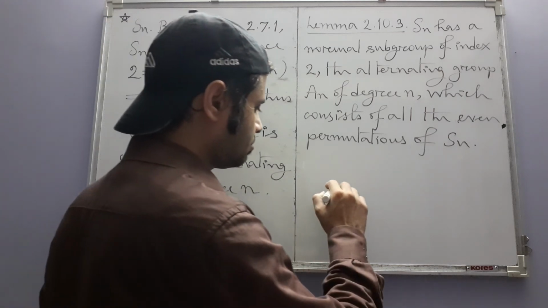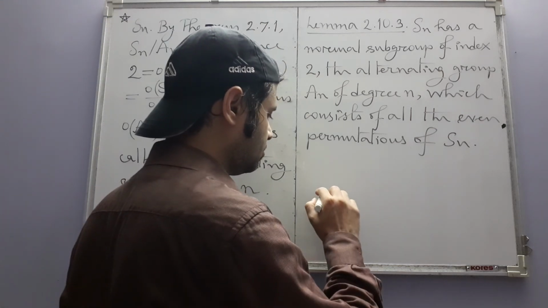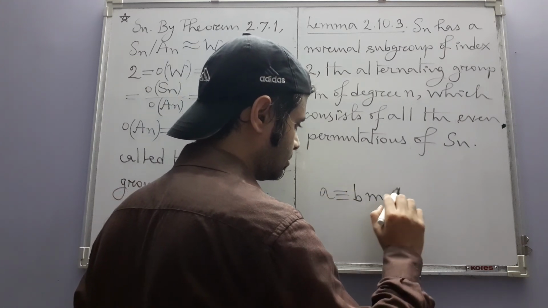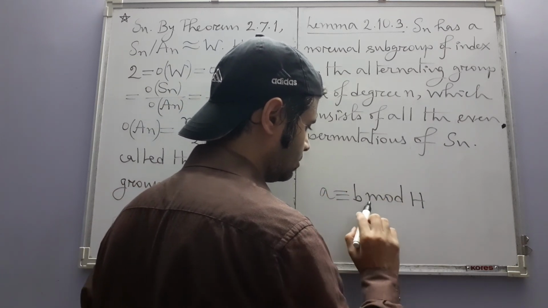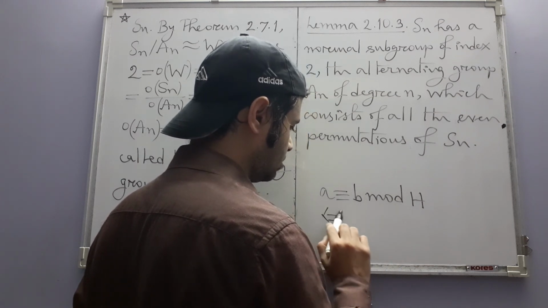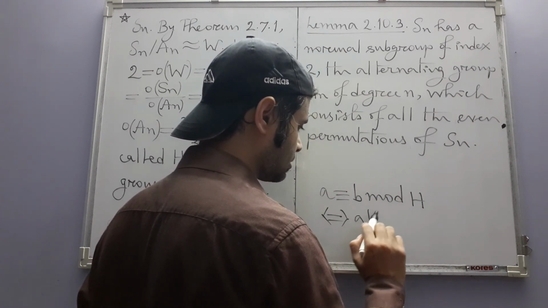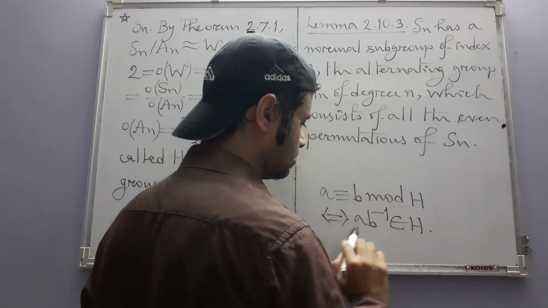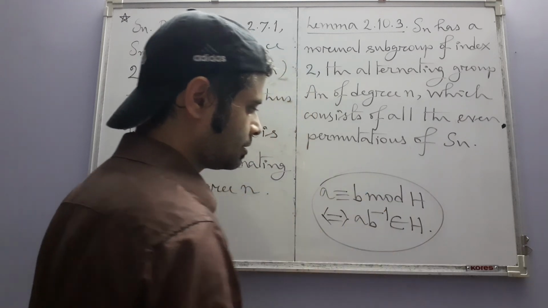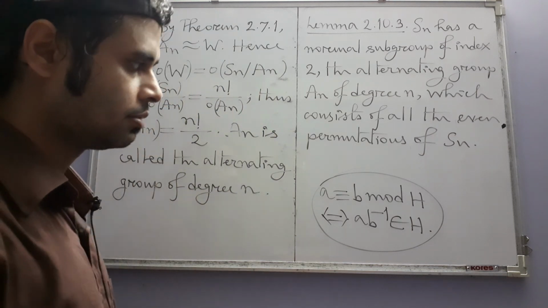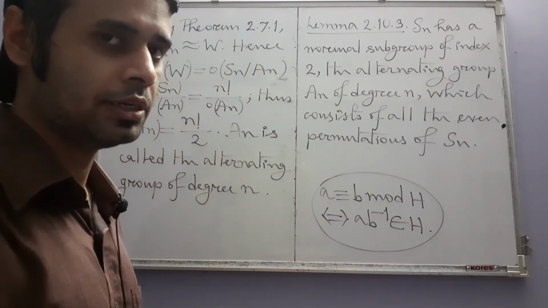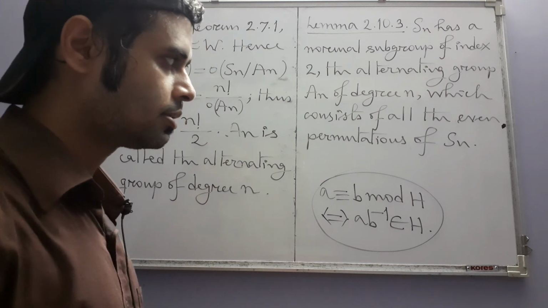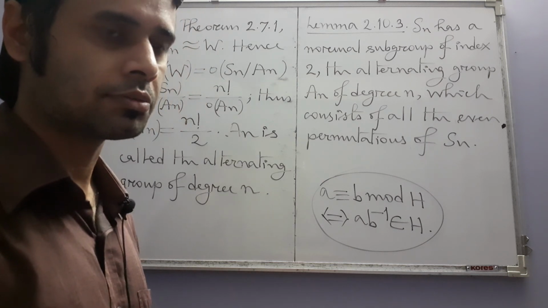Recall that while proving Lagrange's theorem, we came across one equivalence relation like this: A congruent to B modulo H, where H is a subgroup of a given group G. Using the fact that this is an equivalence relation, we went through some arguments, and Lagrange's theorem dropped out as a consequence.